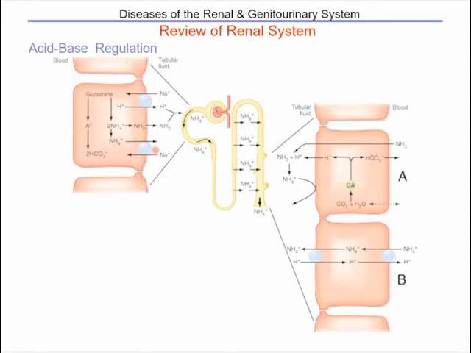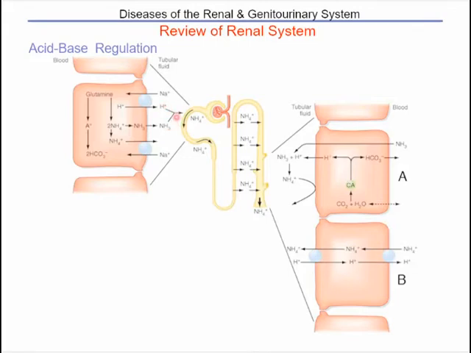In addition, some of the ammonium ion may enter the tubular fluid as ammonia. So it can either go there as ammonium ion, or it can go into the fluid in the form of ammonia, where it is then protonated, so it combines with the hydrogen ion in the fluid.